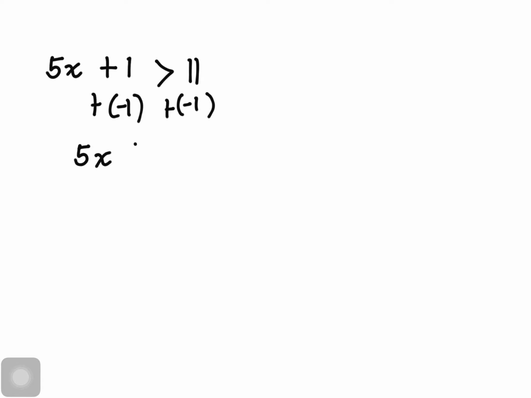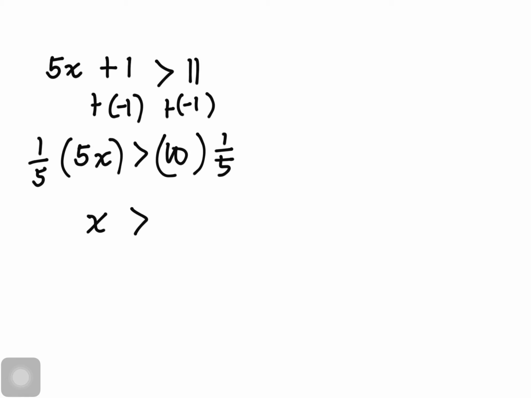So we'll get 5x is greater than 10. Pause the video for a while and see if you know what's our next step. That's correct. We're going to multiply both sides by 1/5. So we'll get x is greater than 2.